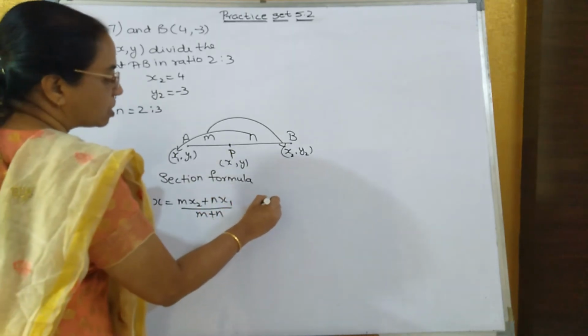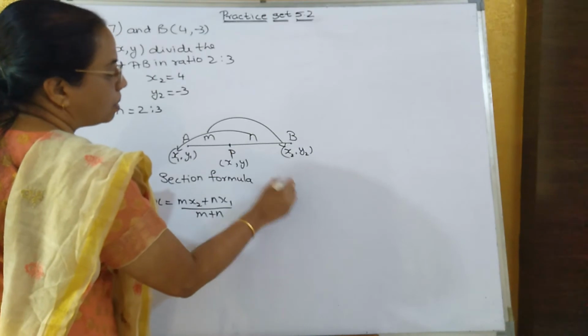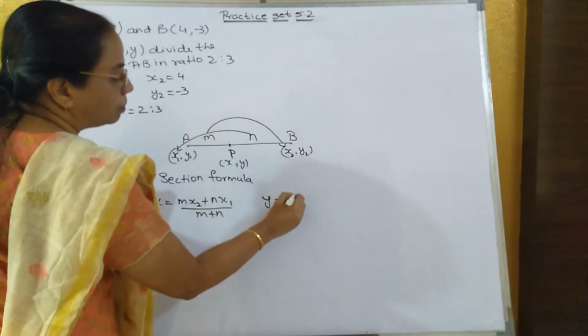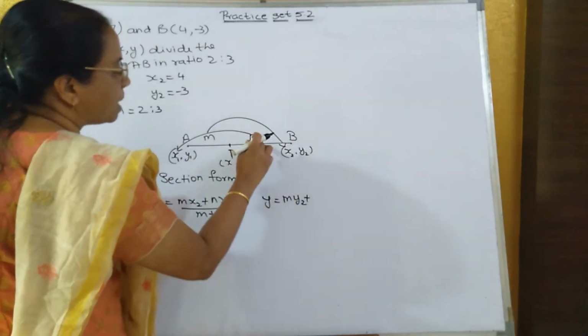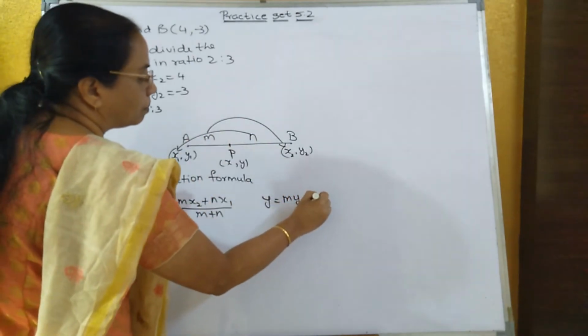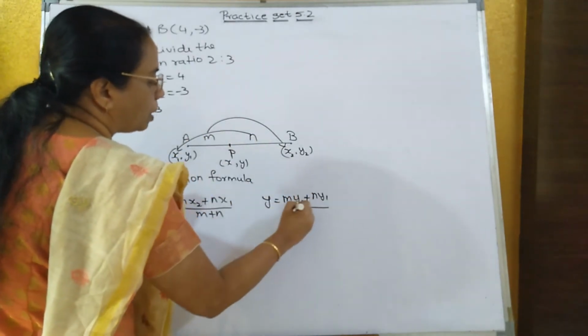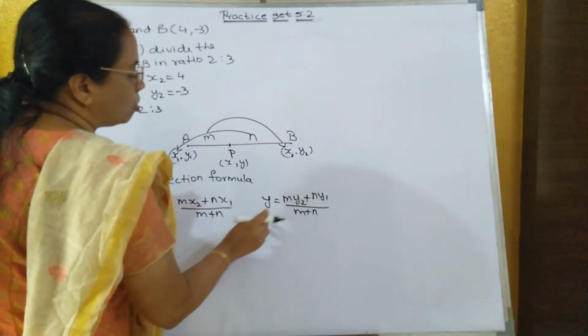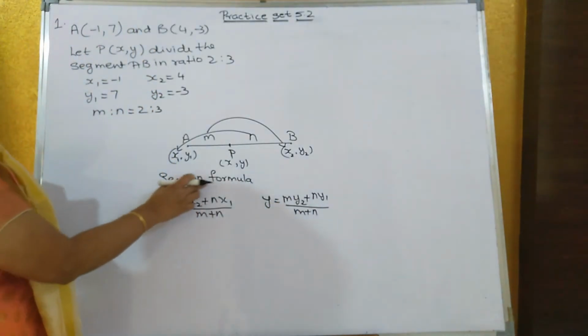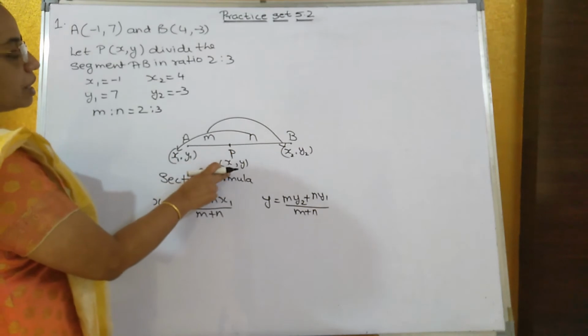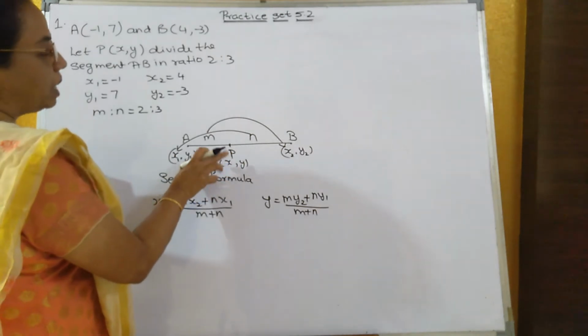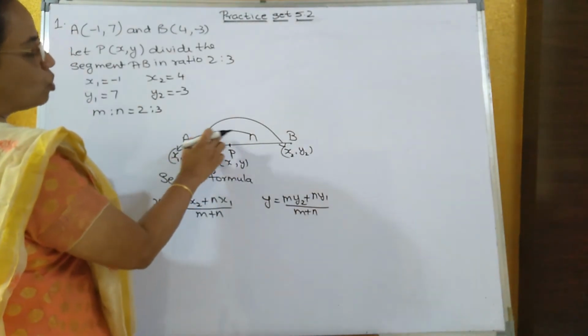Similarly, y is equal to (m y2 plus n y1) upon (m plus n). So by using this formula, which is known as the section formula, we can find the coordinates of point P, which divides the segment AB in the ratio m:n.